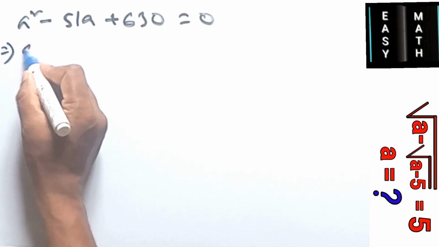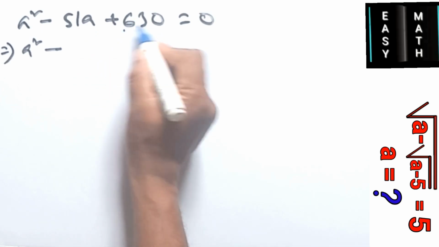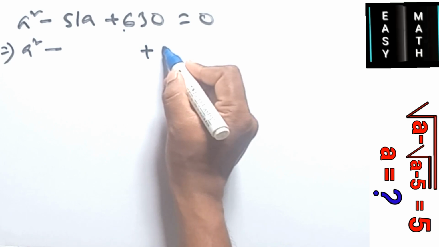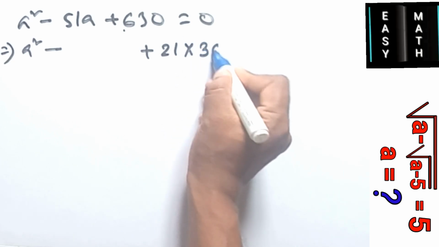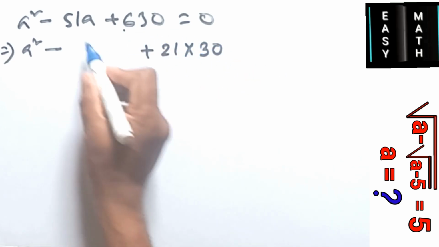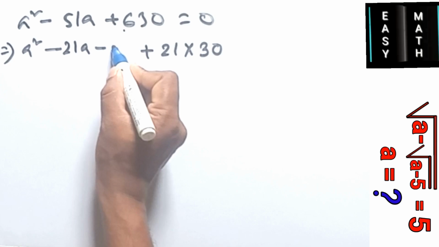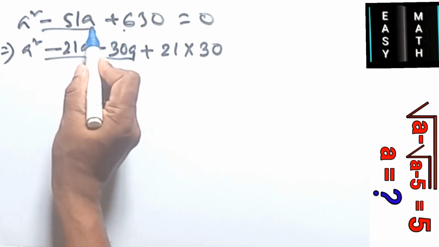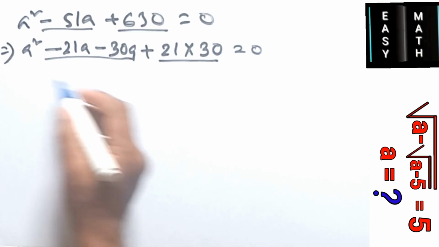Now we can write a square, and we can write 21 into 30, and minus 21a minus 30a, this plus this, equals 0.